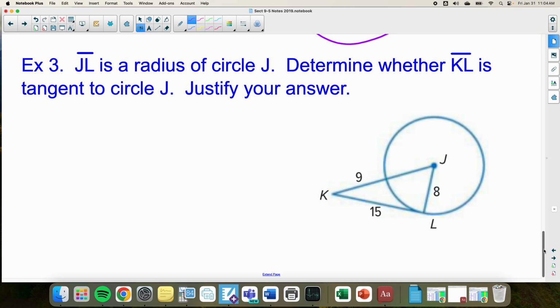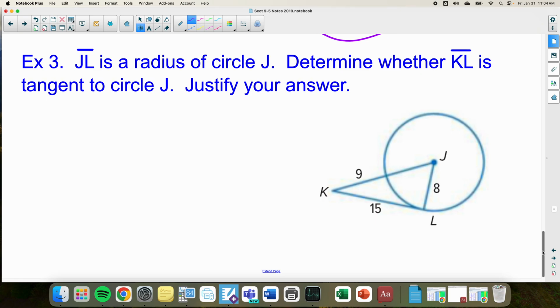Now, here is another question that you will have today, and this part is a little bit confusing. So, first of all, there will be times that you're given a triangle and you're given a length, and you have to think about, is that length just this outside part of the circle, or is it the whole part? Okay? Now, if you're ever in doubt on your quiz or test or something like that, ask me.